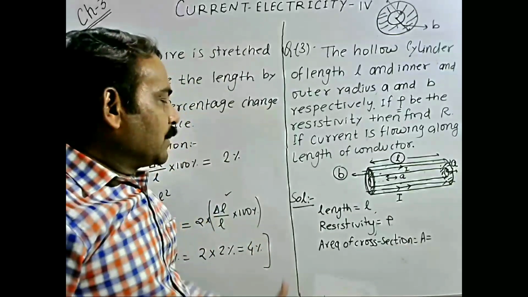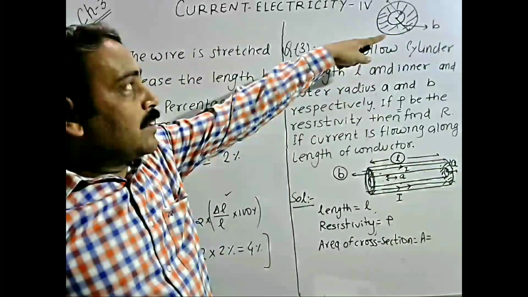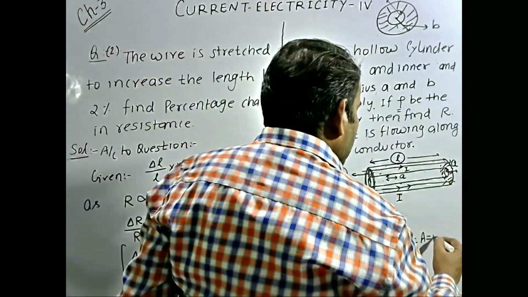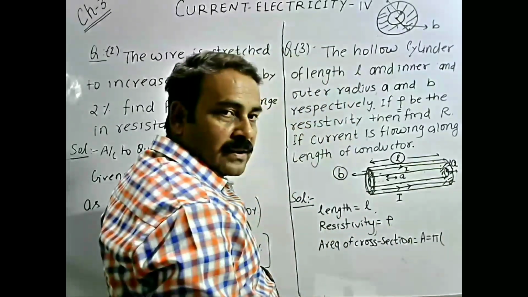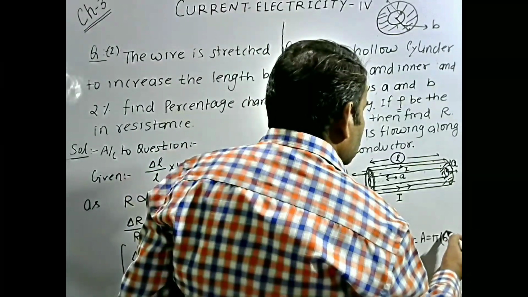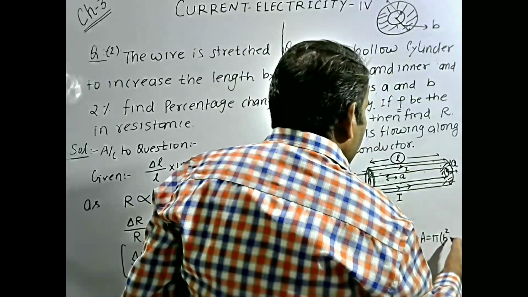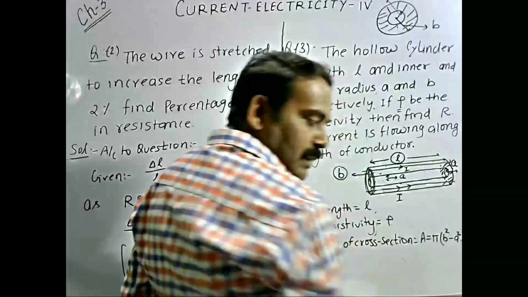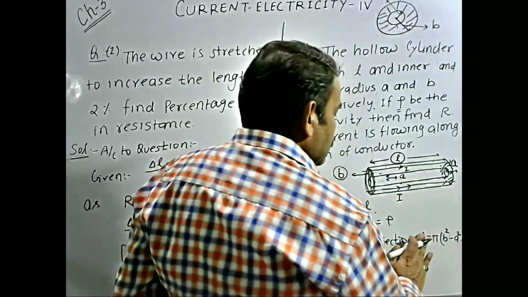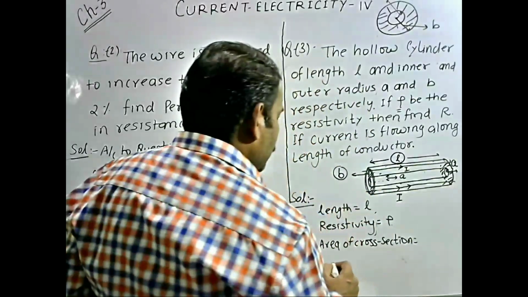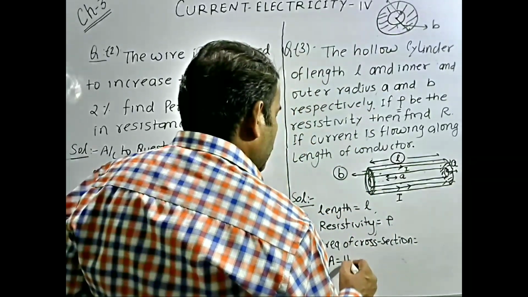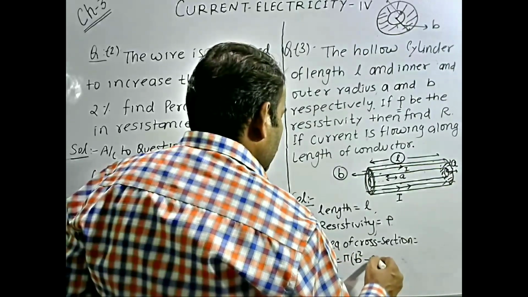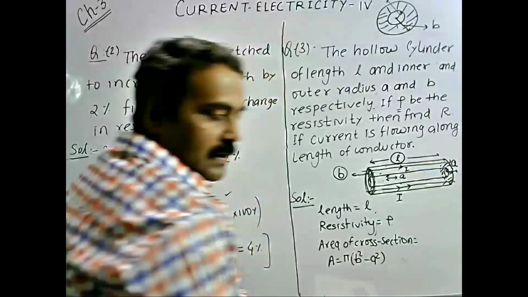Clear? So the area of cross section is taken of this part. The area of cross section of this part is pi r2 square minus r1 square. R2 means b square, minus a square means r1 square. Or you can write A is equal to pi b square minus a square. This is the area of cross section.